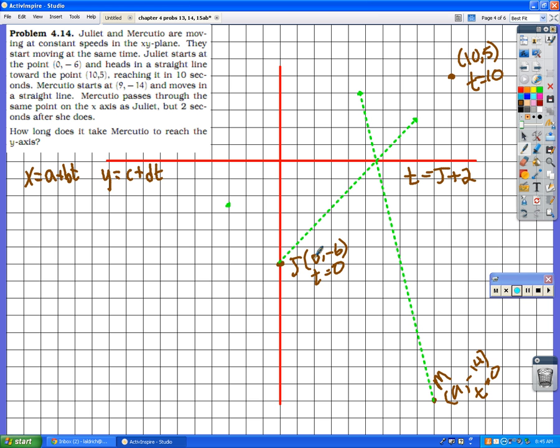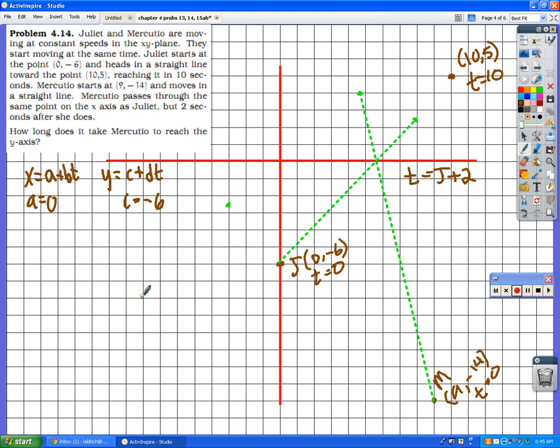Do you see that? Because that's going to give you your starting point in each direction at time t equals 0. Okay? So I'm going to write that down. So A is 0, C is -6.